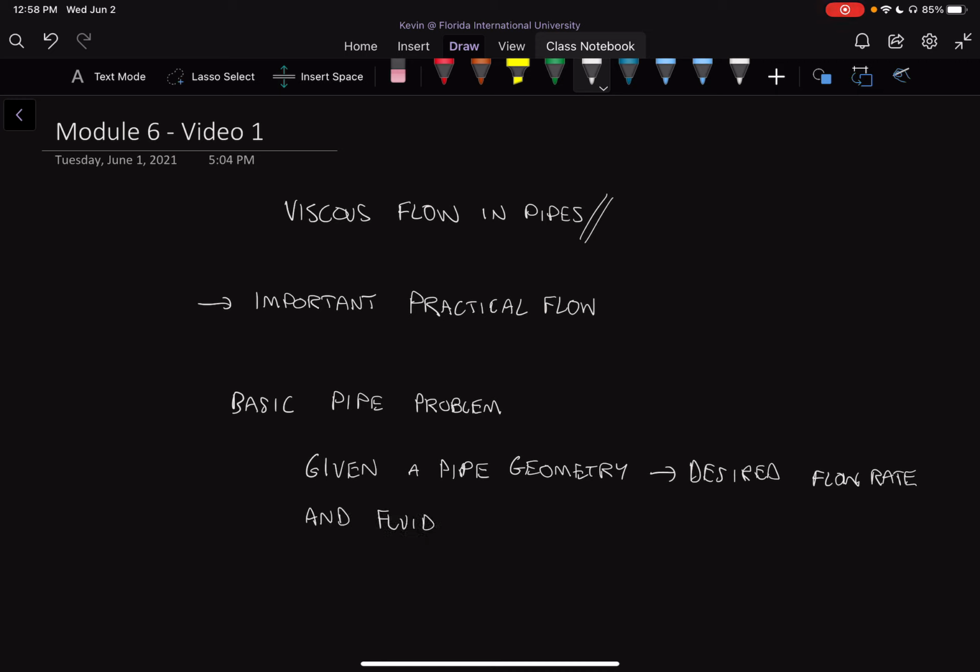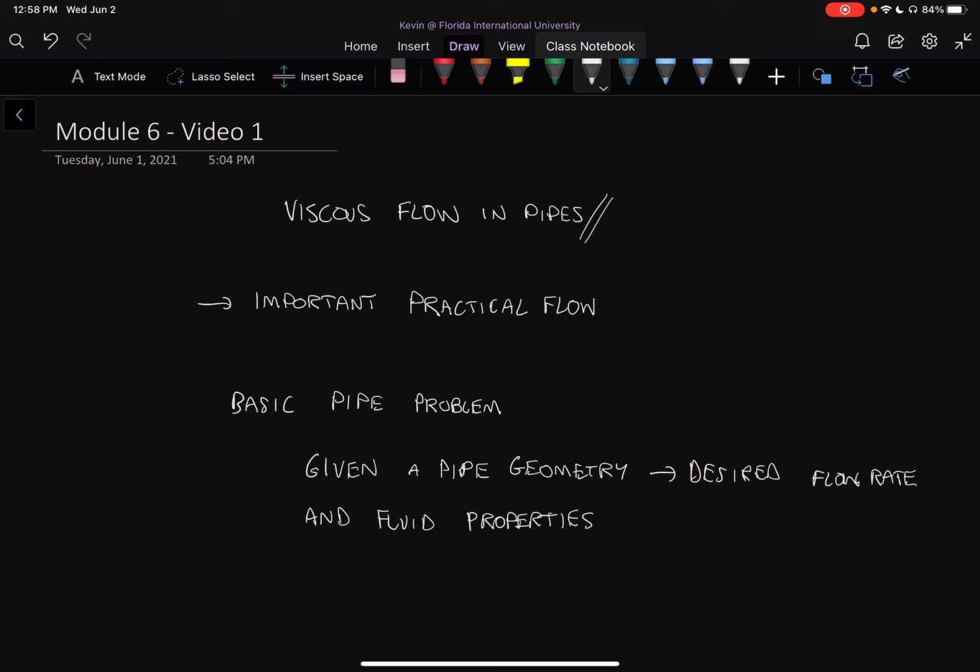So what flow rate do we want, and what properties do we want to use for our fluid? Let's say we want to transport some crude oil through a pipe. We know what the fluid properties are, and we say that we want to have, let's say, 1,000 meters cubed per second of oil going through. So now we have a definition of our problem.